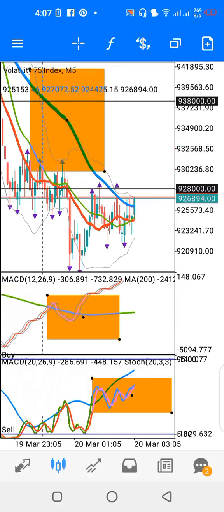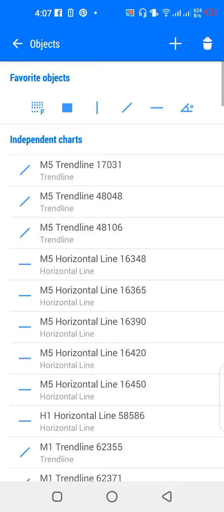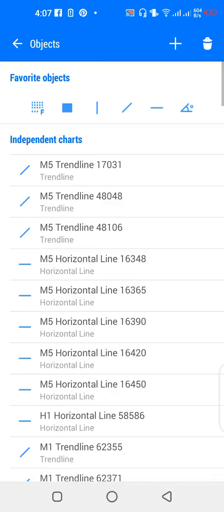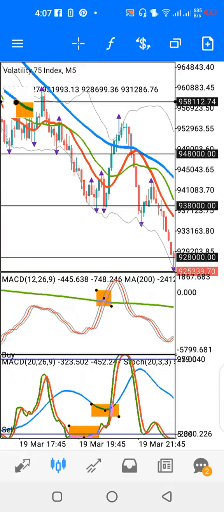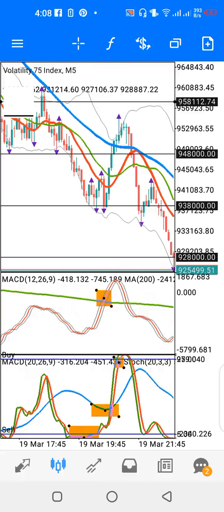If you go to the chart for indicator window 2, looking at the chart, when the green and the red line rise from the base, which is the 5 level, and then cross the blue, and then touch the 95 level, that's your buy signal.